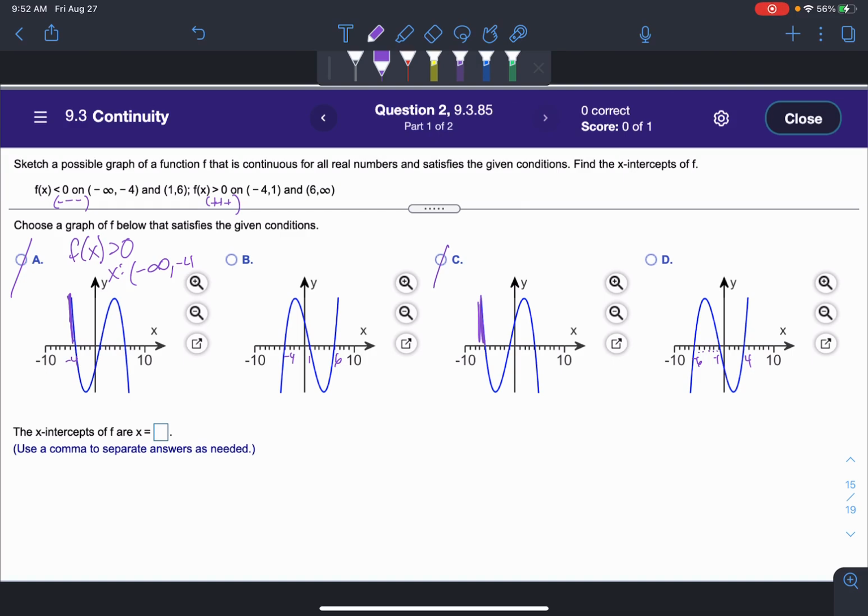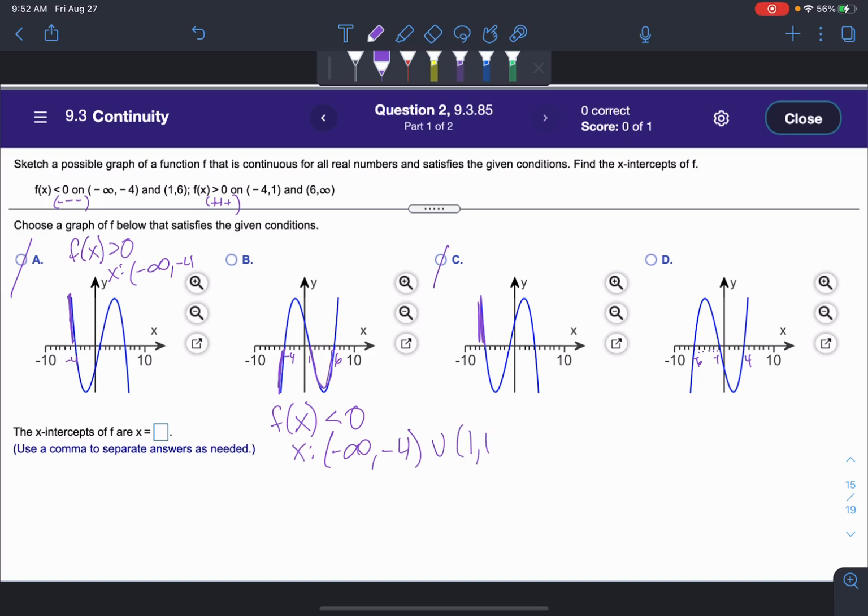So if we write out the intervals for where f of x is less than 0, what do we get? So my x intervals are from -infinity to -4, and 1 to 6, right?